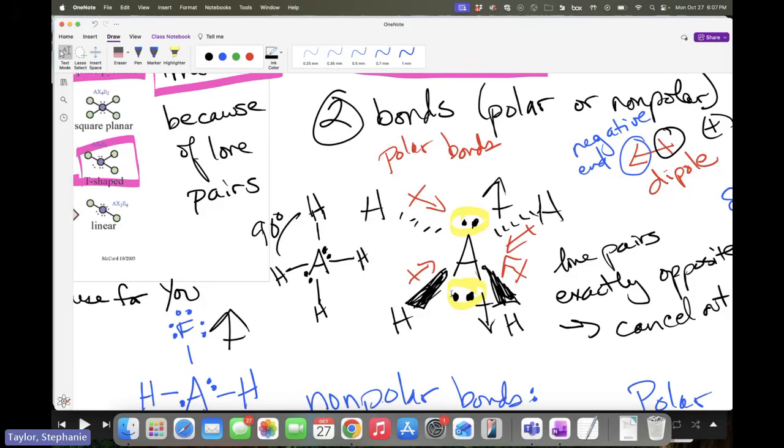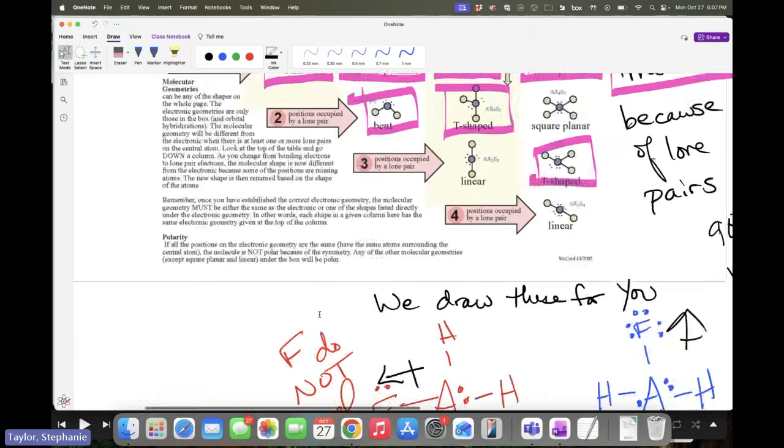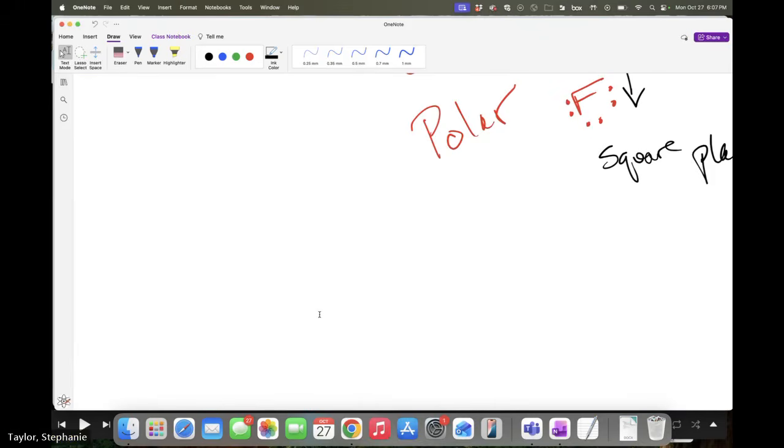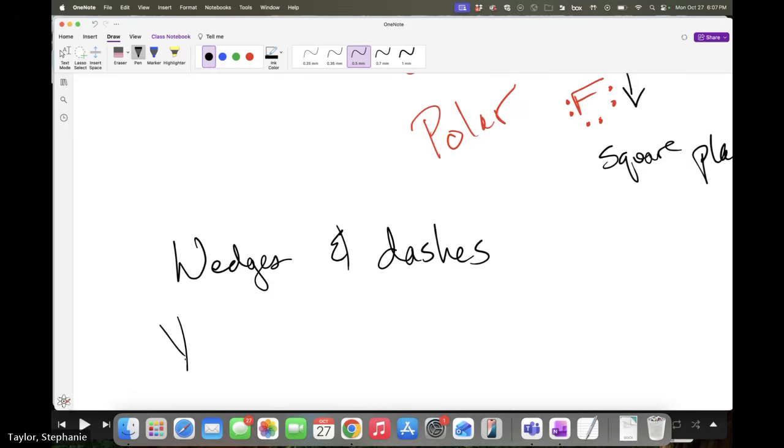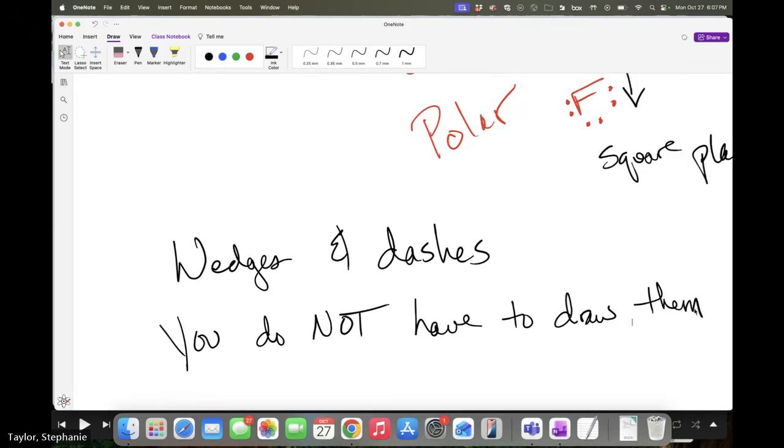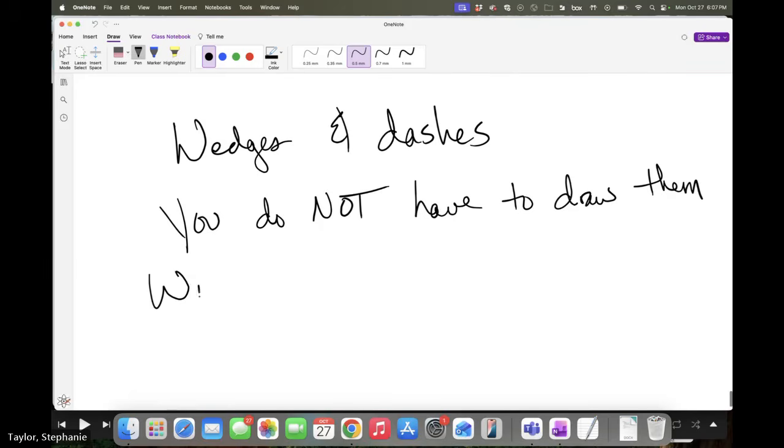Wedges and dashes. So I drew wedges and dashes here. You do not have to draw them, but we are allowed to draw them.